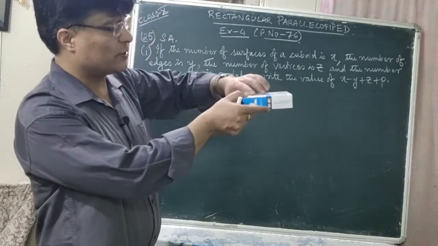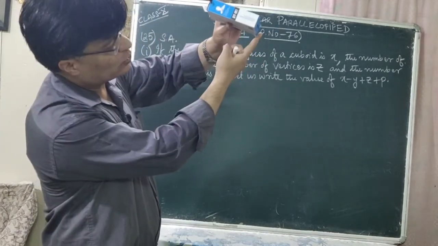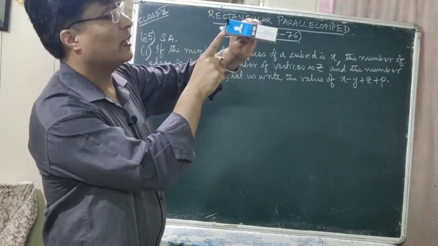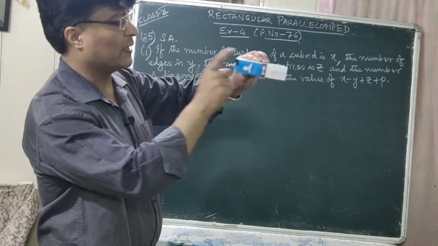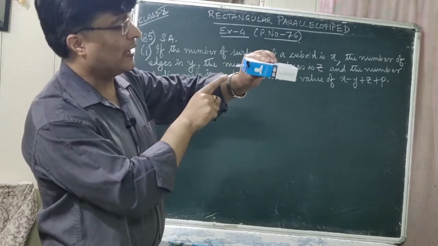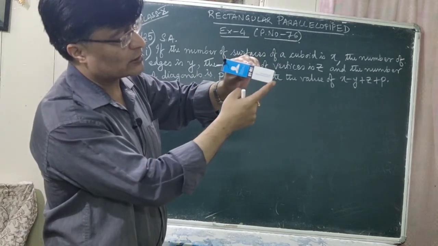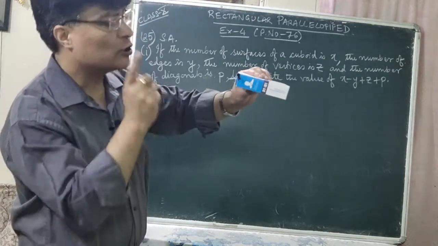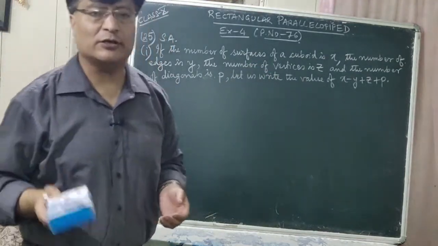That means you can draw a diagonal from this vertex to this vertex, that is 1. And from this vertex to this vertex, that is number 2. From this vertex up to this vertex, that is the 3rd diagonal. And from this vertex up to this vertex, that is the 4th diagonal. So you can draw 4 diagonals in a cuboid.